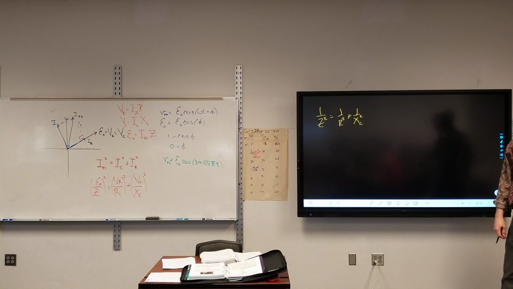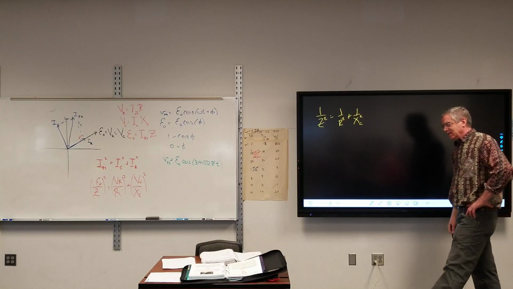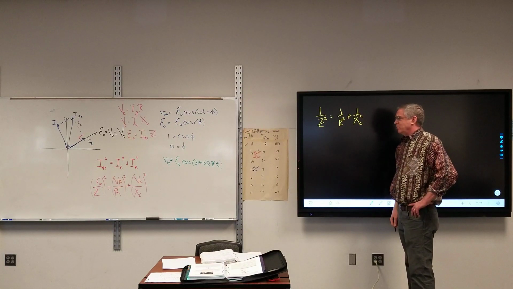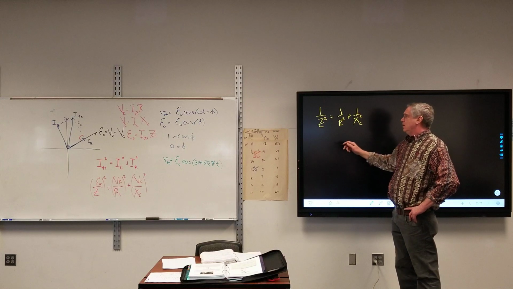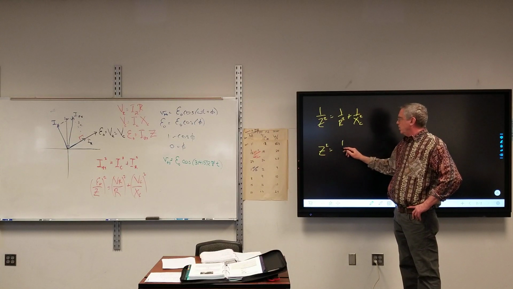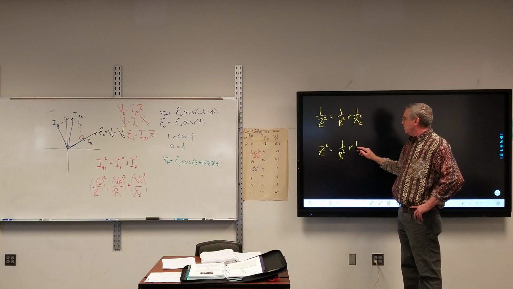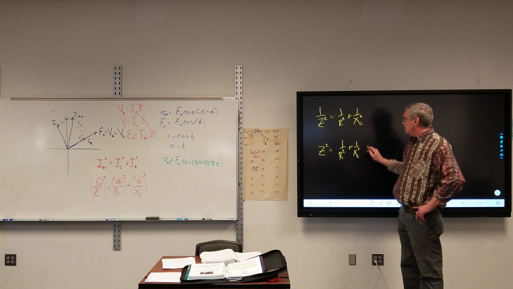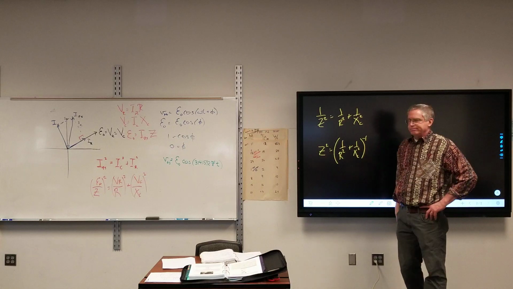I forget I'm solving for C. I'm sorry, solving for Z. Or for the Europhiles, Z. So Z squared is equal to 1 over R squared plus 1 over X sub C squared, to the -1.